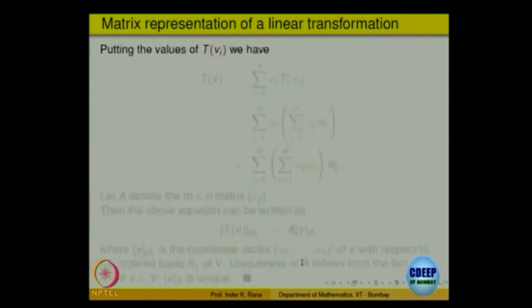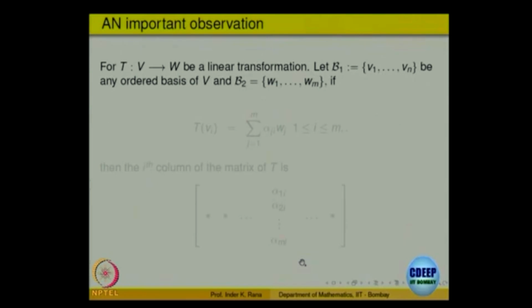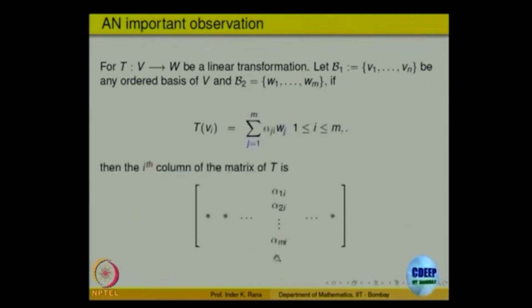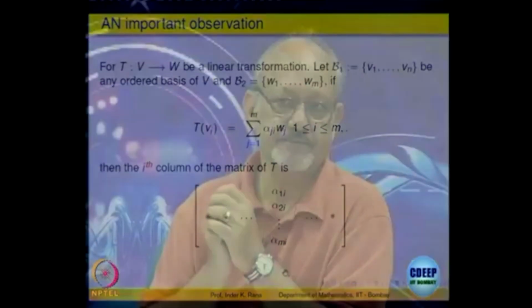Okay. So that means what? From our point of view, it says the following: if T of Vi is this linear combination, for the ith element in the domain basis, if you write it as a linear combination, you will get scalars, right? Those scalars are nothing but the ith column of that matrix. That is the crux. In the domain, you have got V1, V2, Vn. In the codomain, you have got W1, W2, Wm.